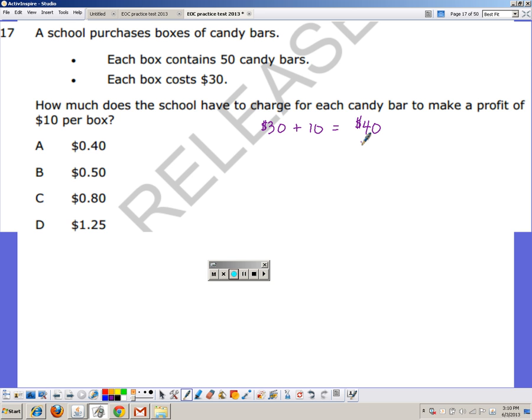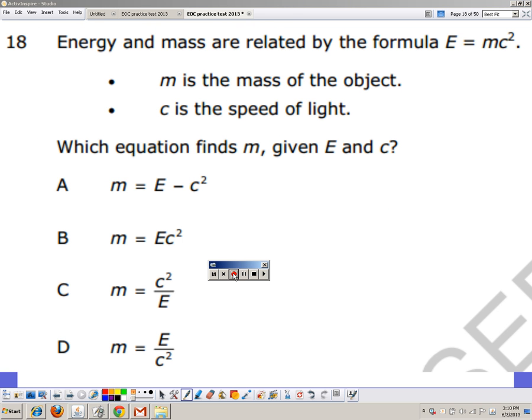Well, each box has 50 candy bars. So to find the price per bar, we're going to do $40 divided by 50, which is 4/5. But since we're doing money, we got to turn it to a decimal, which is 0.8. Again, we're doing money, so it's 80 cents. So the answer is C.